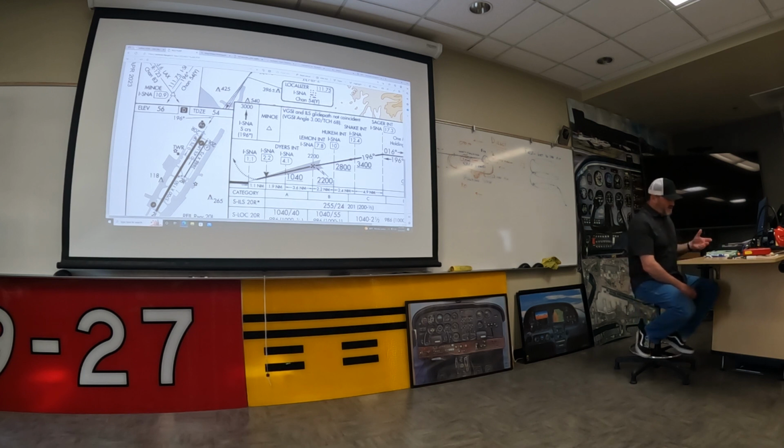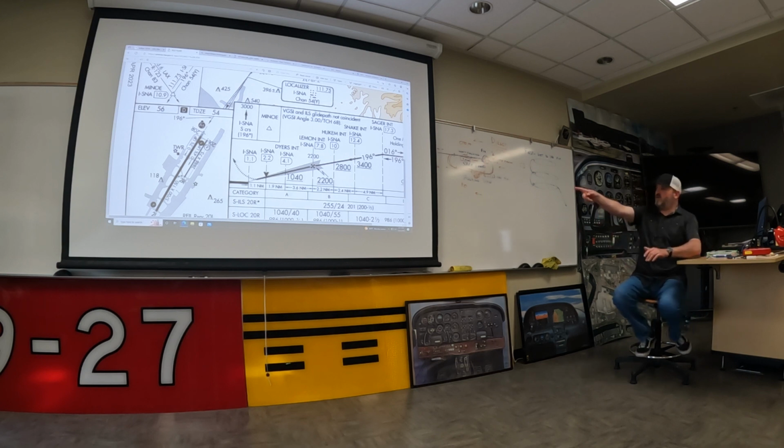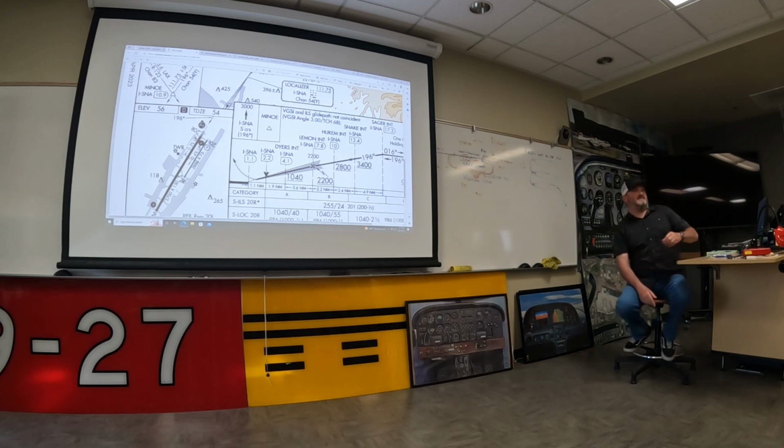So if anyone ever asked you, where is the final approach fix for an ILS? The answer is glide slope intercept. If someone pointed to this approach and said, if you're flying the ILS, where's the final approach fix? What would the answer be? Glide slope intercept. Well, let's do that again.